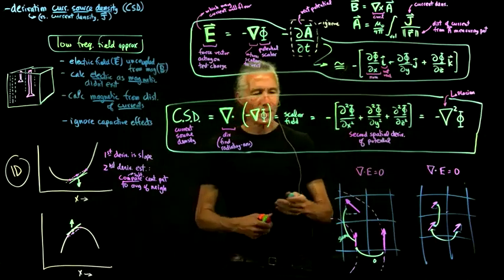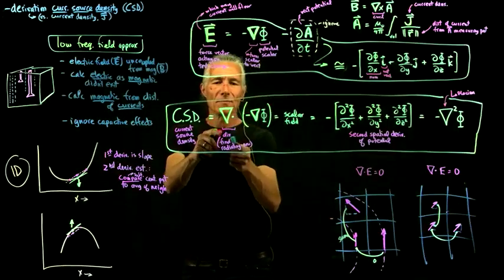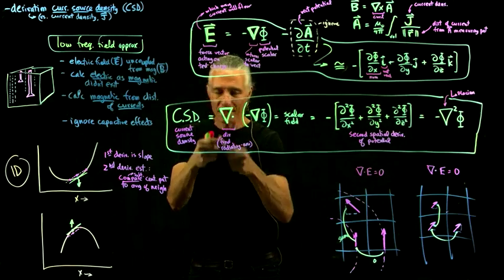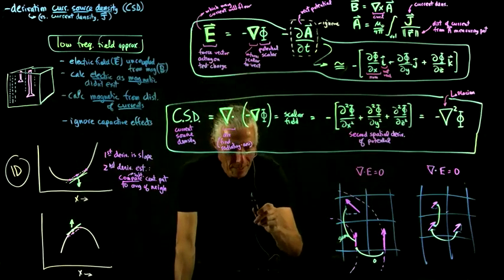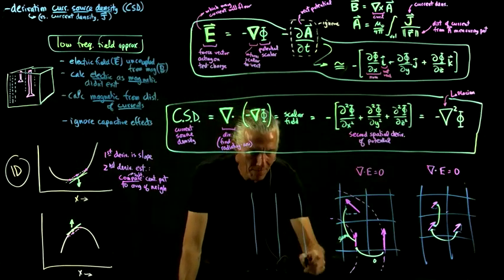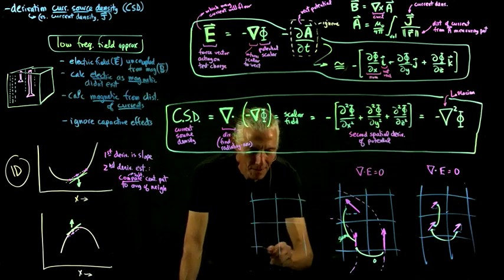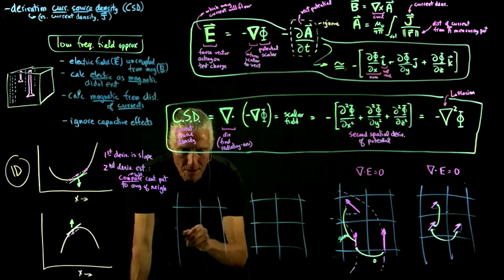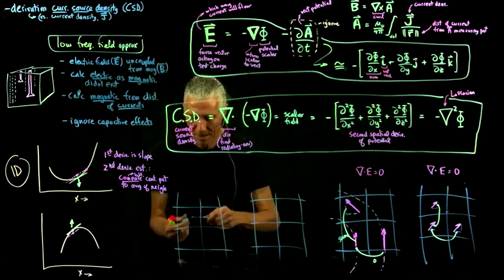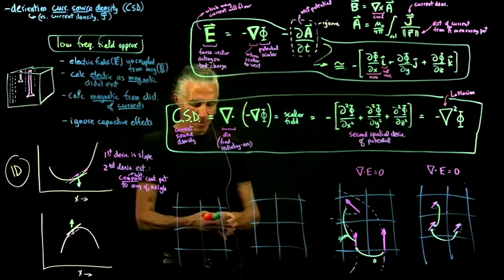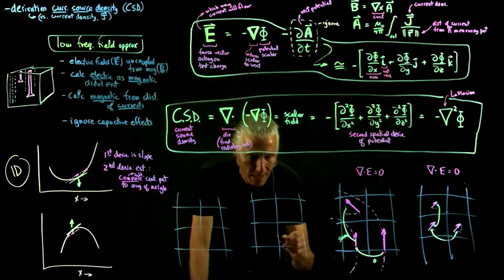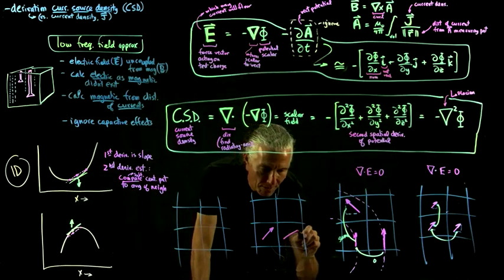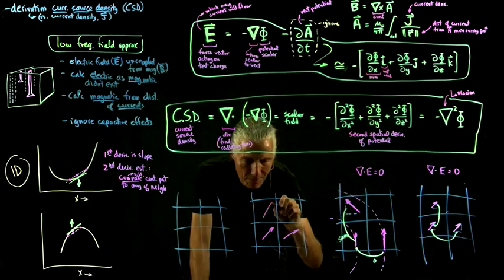And then one of the other possibilities for a positive or a negative divergence would be cases where the vectors are either radiating or going into a point. What would that look like? Say the vectors are slightly radiating like that.